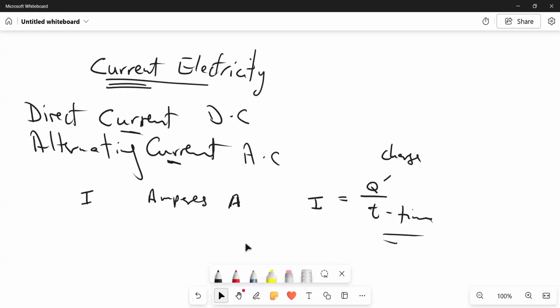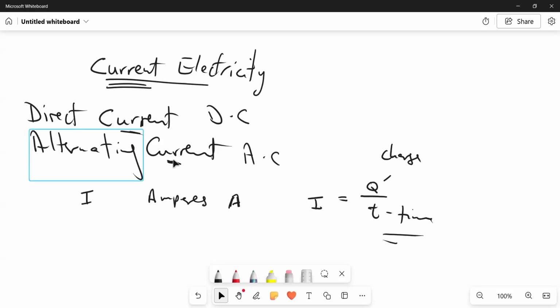Good. And as we said, current can be of two types. It can be direct current. The reason they call this direct current is that the current is flowing in one direction all the time, the same direction all the time.